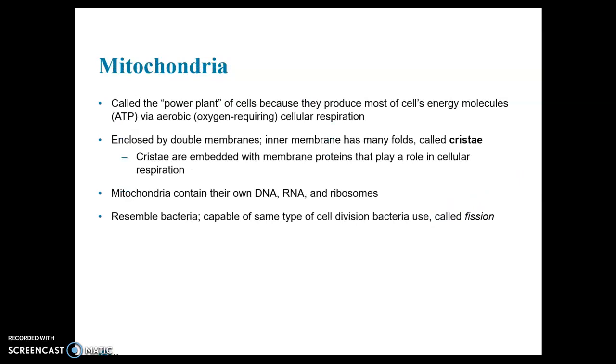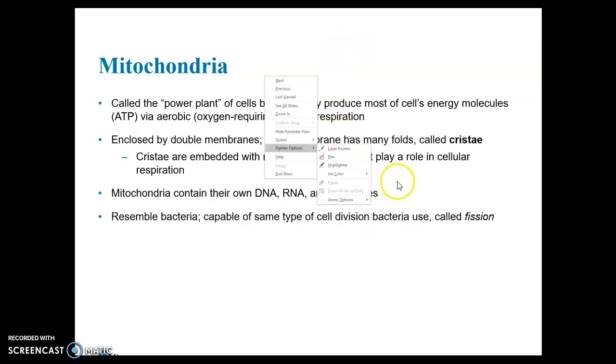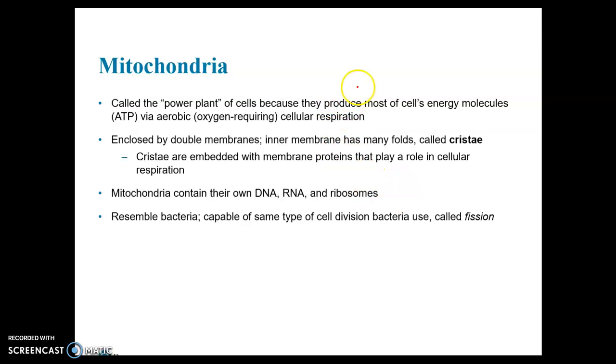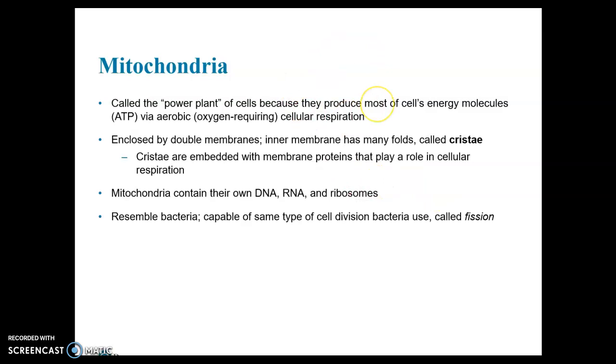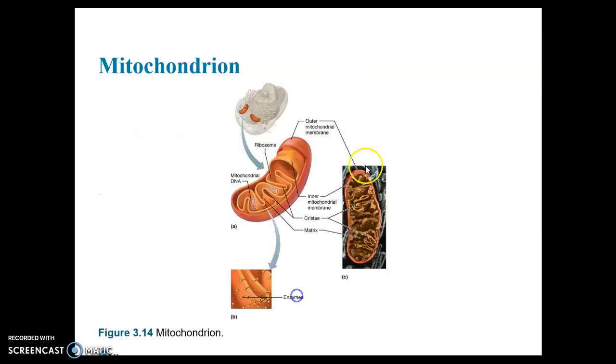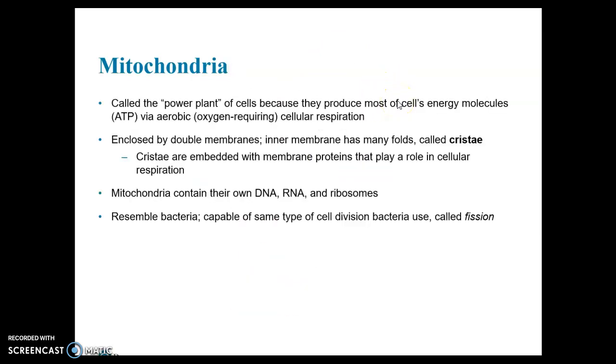The first organelle that we will talk about is the mitochondria. You may have learned this: it's the powerhouse of the cell, because this is where glucose and carbohydrates are converted. Most of the time it's a carbohydrate that is converted into energy in the form of ATP.